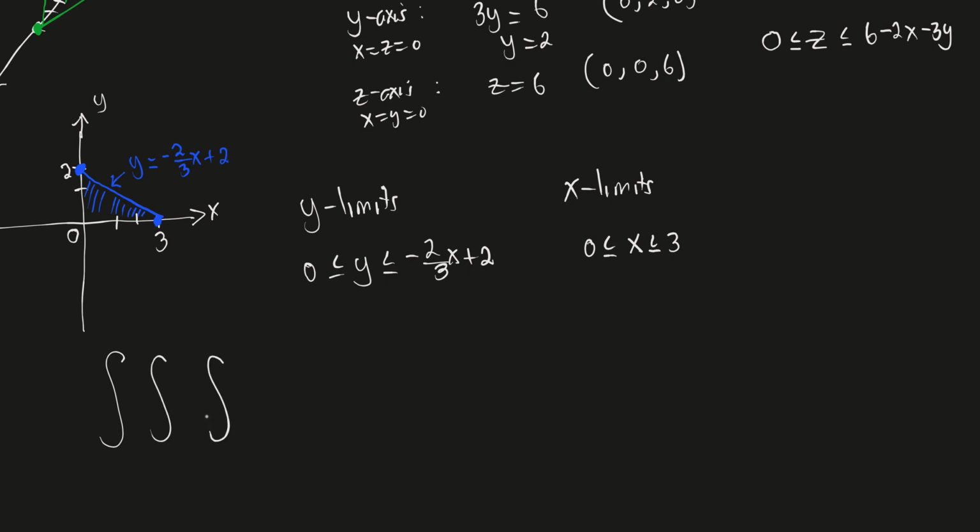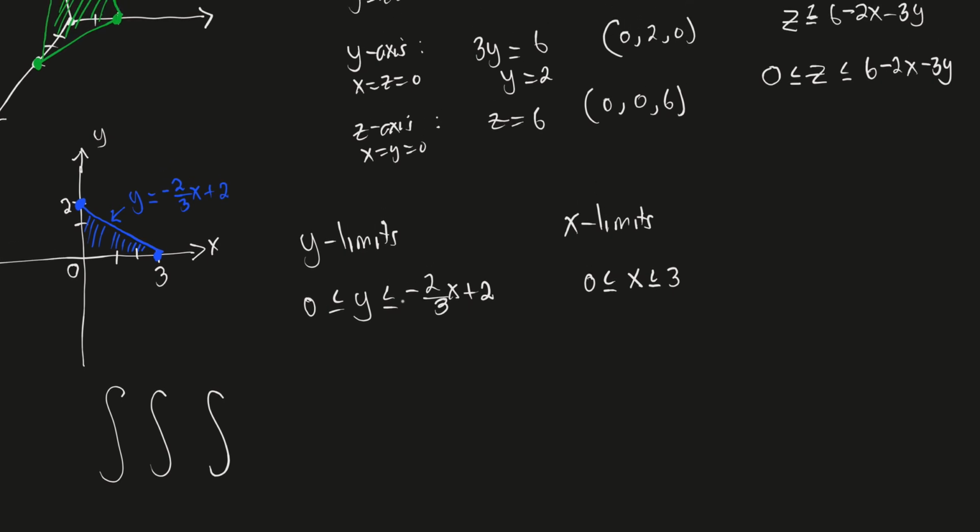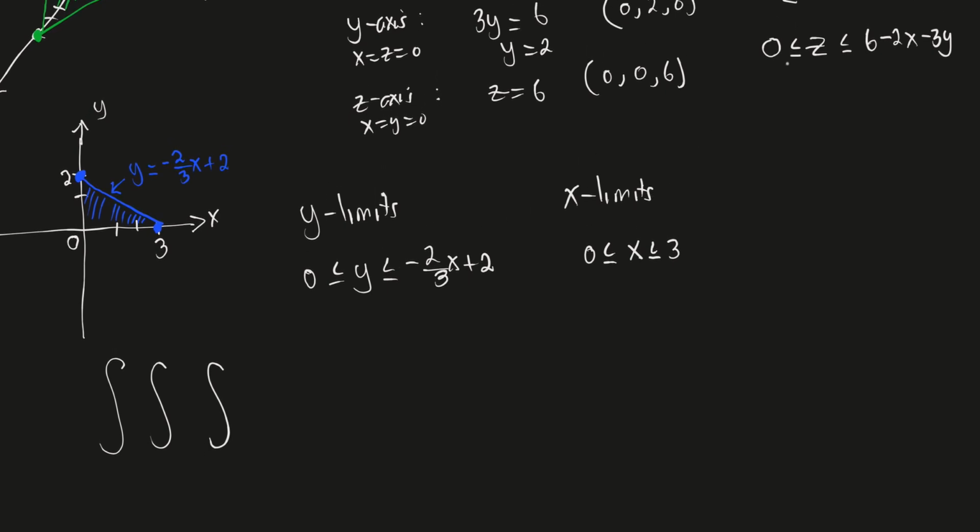Because I have my z inequality right here, and z is in terms of x and y, I am going to put that first. So we're going to integrate with respect to z first. We're going to go from 0 up to 6 minus 2x minus 3y. Remember, the function that I'm integrating is really simple. It's just 2x. And then the first integral is with respect to z.